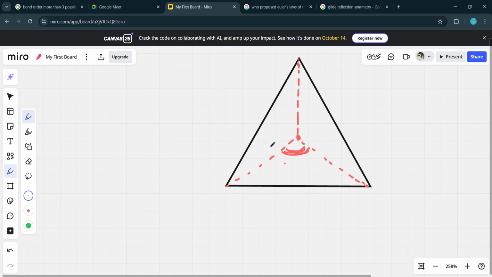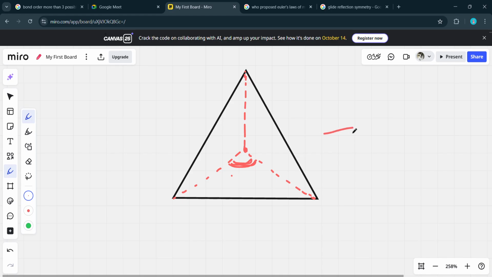So in three ways, for this equilateral triangle, by rotating it, you can get back a result which is exactly the same as the initial one.